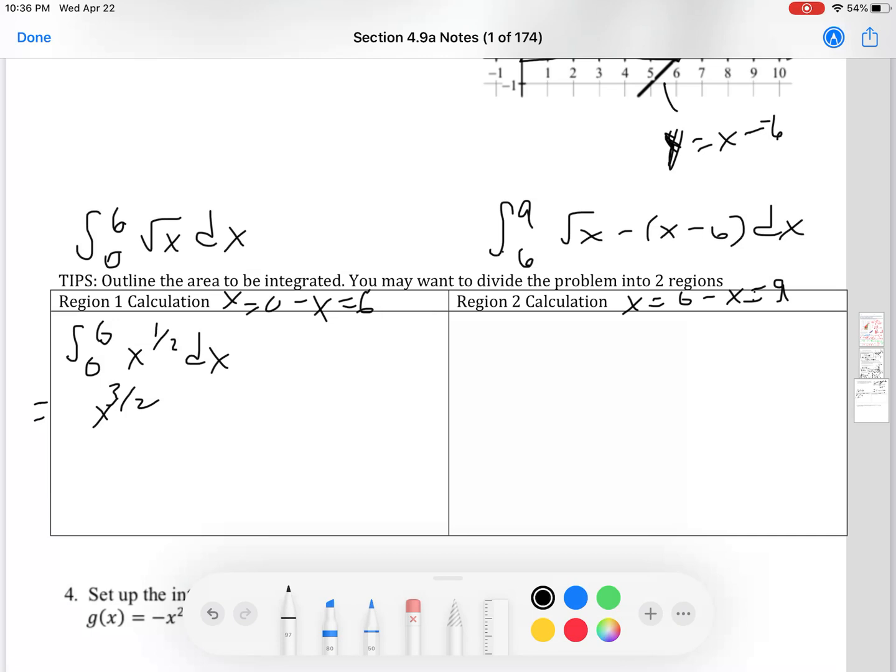And I like reciprocating that 3/2 to get 2/3. And we're evaluating it from 6 to 0. So when we do that, fortunately, we're okay with 0. That's just going to become 0.